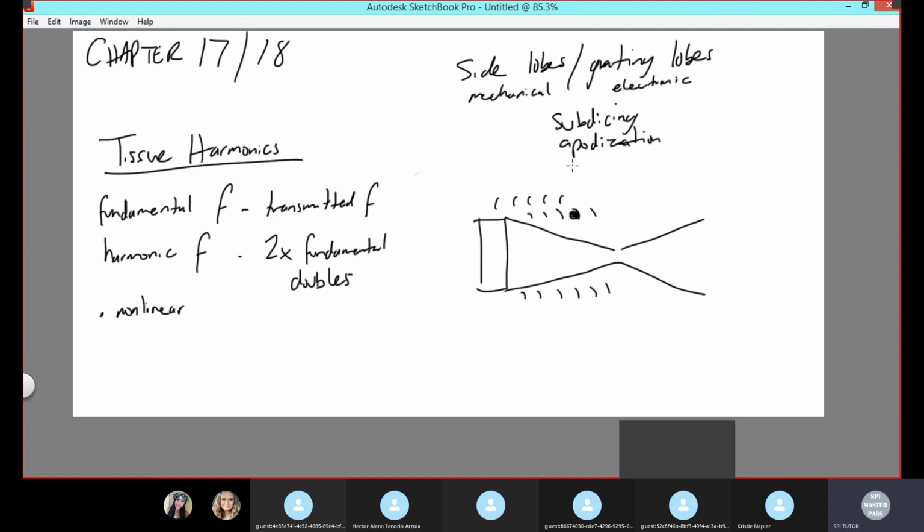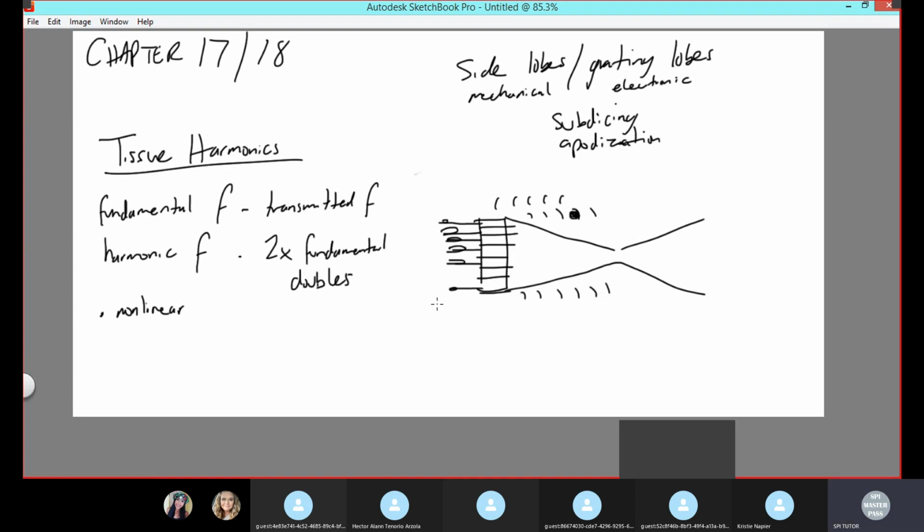And then apodization is when you have a weaker electrical current on the sides, meaning that this crystal is cut into individual crystals, and you say, you know what, my center crystals are going to get the most strength from my electrical current, and my side crystals are going to get a little bit of an electrical current. So you're making them weak to begin with, meaning that whatever goes out is going to be even weaker, right?